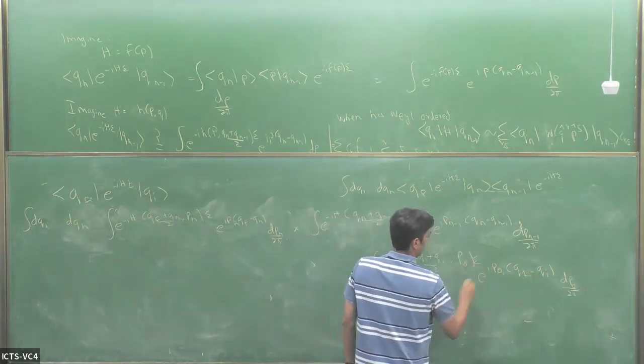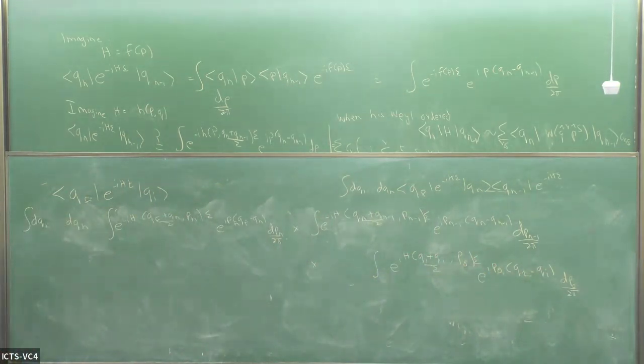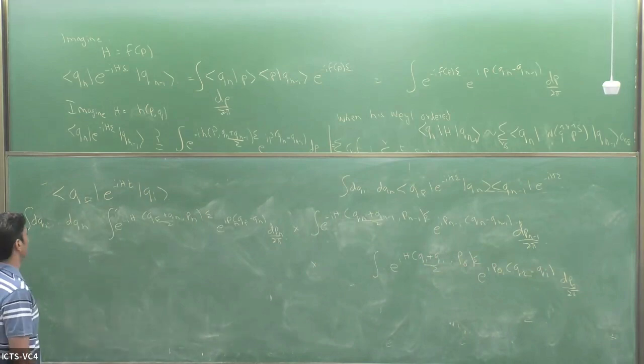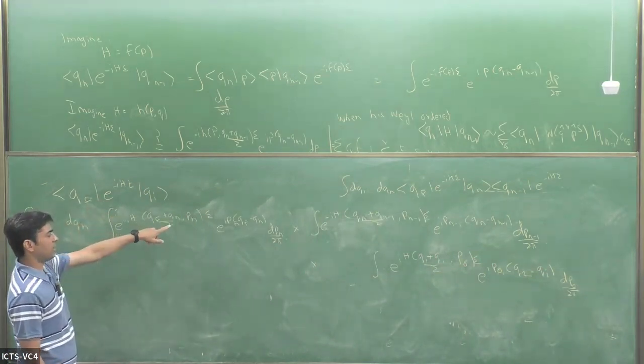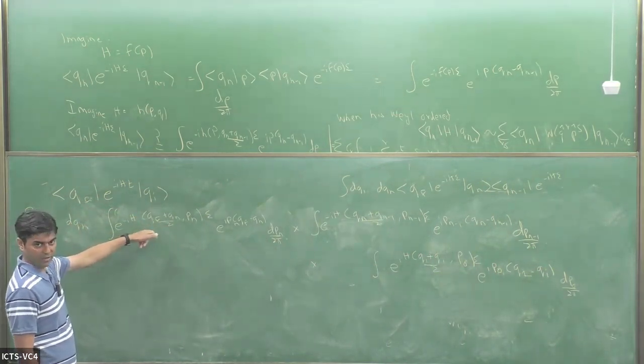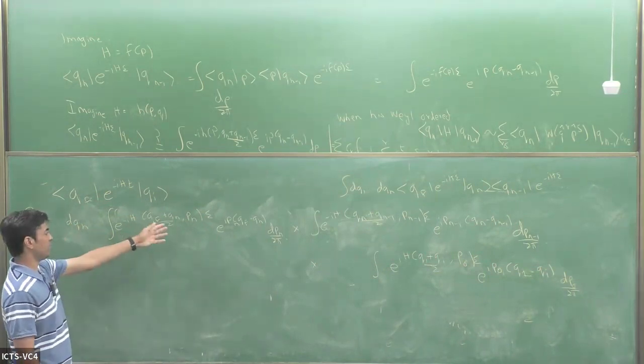Is everyone happy with this formula? It looks like we made something very complicated, in that we started with something which looked like a simple expression. Then we broke it up into n plus 1 terms. We inserted all of these terms here. Then we Fourier transformed each of those terms and wrote each of those terms in this form.